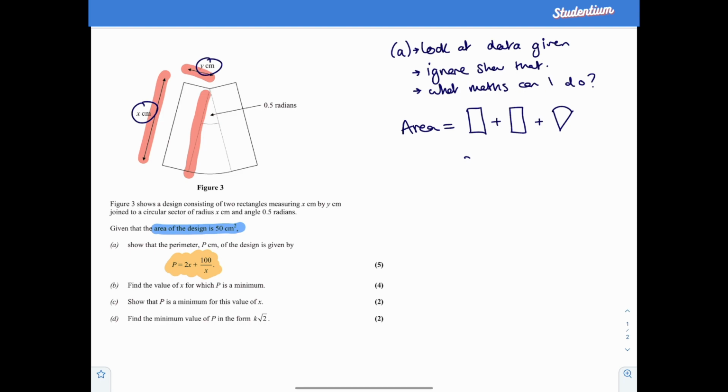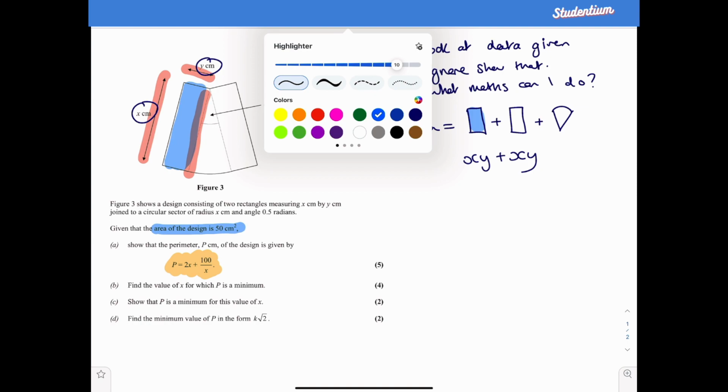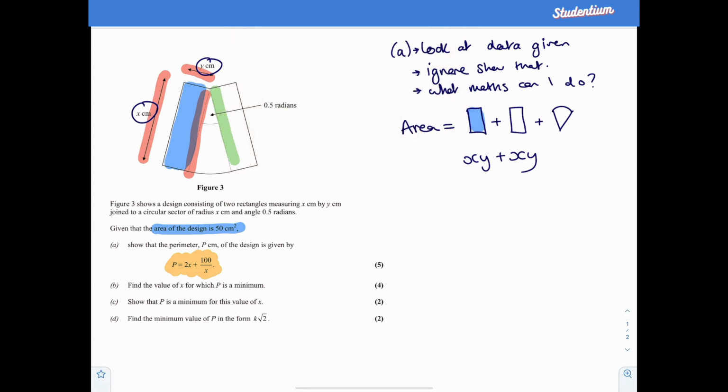So each rectangle, base times height, is just x times y. The first one, let's say, was this rectangle here, and the other rectangle, let's make that one green, is the second one.